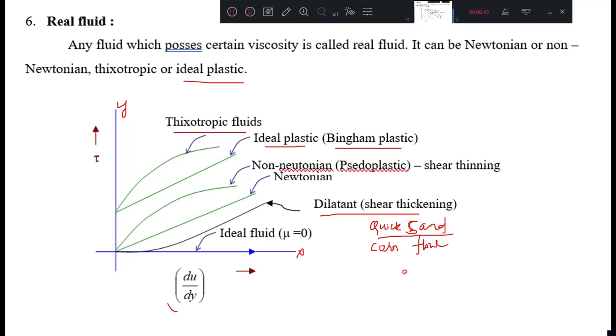But if we run across the sand, thus applying greater stresses to it, it will behave as a solid and our feet will not sink in. That is the property of what we call a dilatant, that is, the shear thickening property. As we go on applying stress, its viscosity goes on increasing. So these are the different types of fluids.